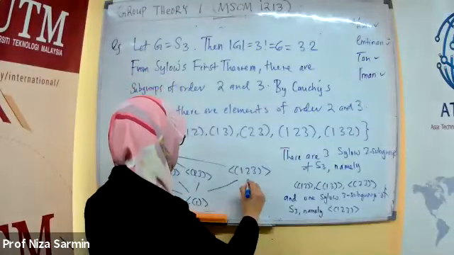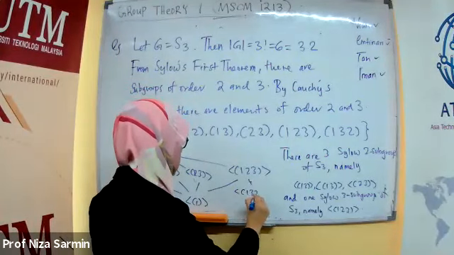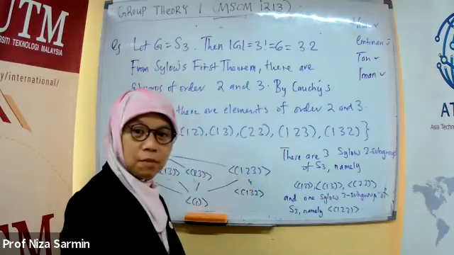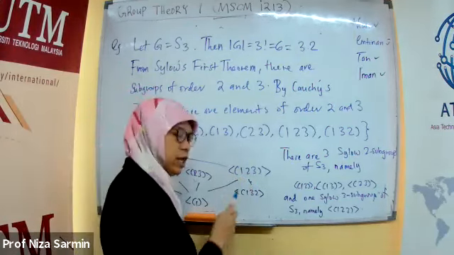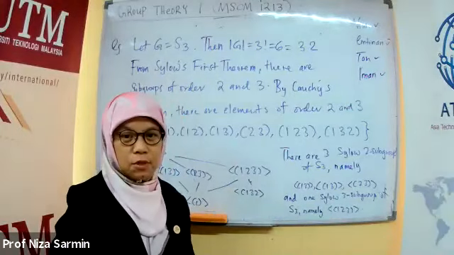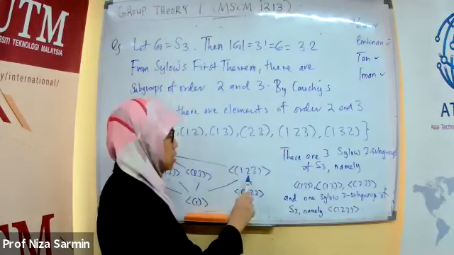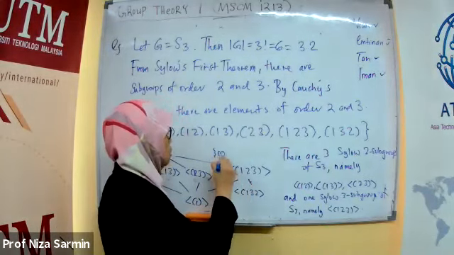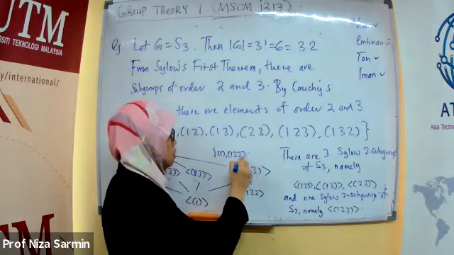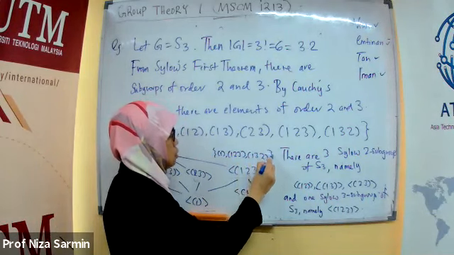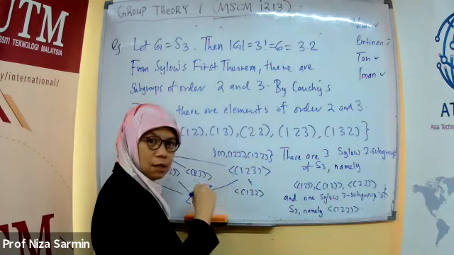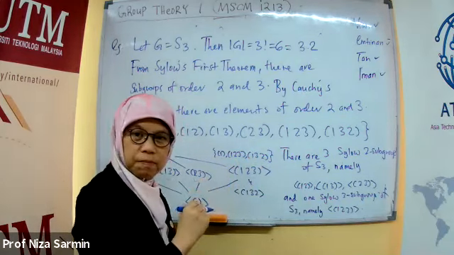Prof, how about (1 3 2)? (1 3 2) is the same. It's a subgroup. You generate with (1 2 3), and you generate with (1 3 2), they are the same. So we consider just one subgroup, because they will generate the identity, (1 2 3), (1 3 2). It's the same one, so you don't say there are 2 of them.